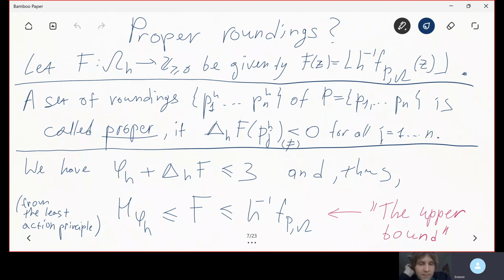It is a definition, but it is mystifying. Why would you choose that condition? I explain it just below. I explain it because this is the only way you can achieve the upper bound.